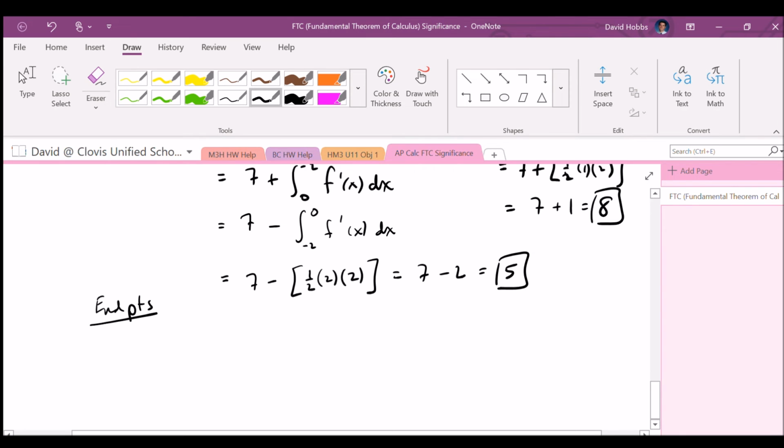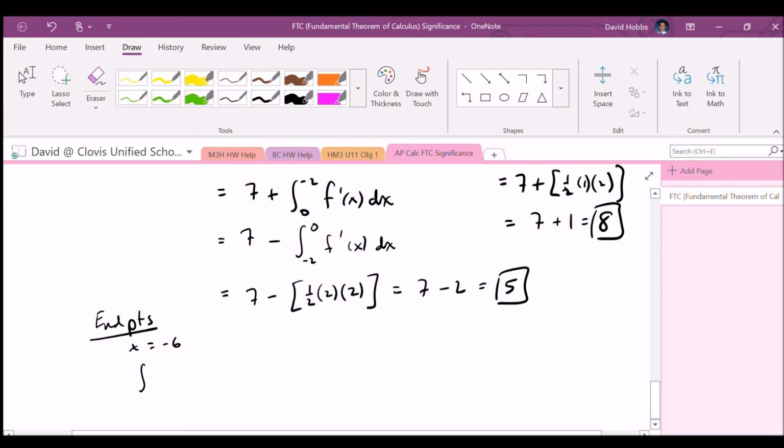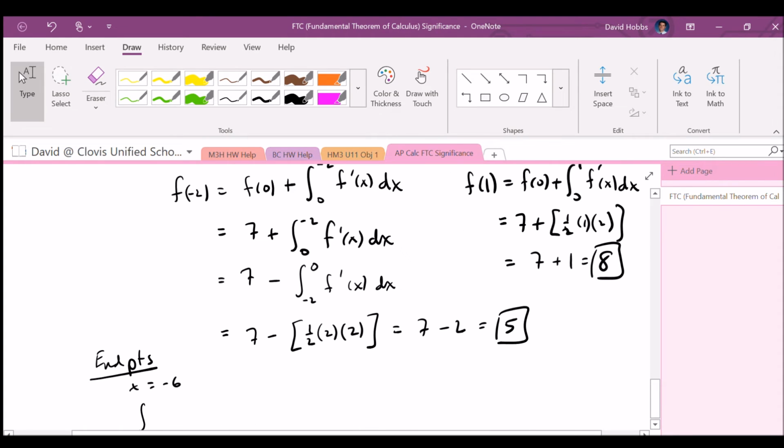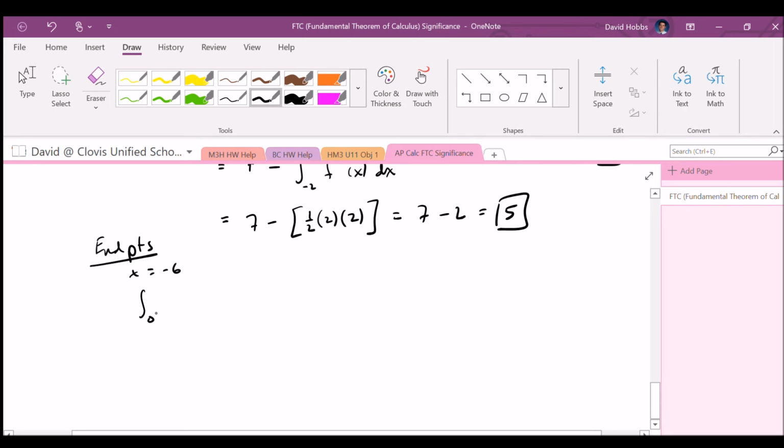So we've got x equals negative 6. Now, we know what f of negative 2 is. We could go from negative 2 to negative 6, but I'm just going to go ahead and go from 0 to negative 6. So that's equal to f of negative 6 minus f of 0.